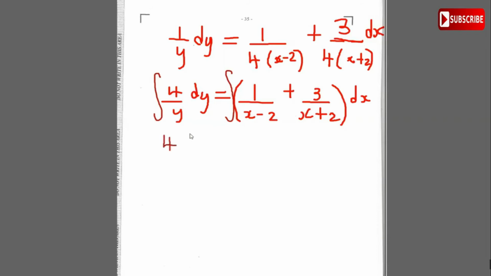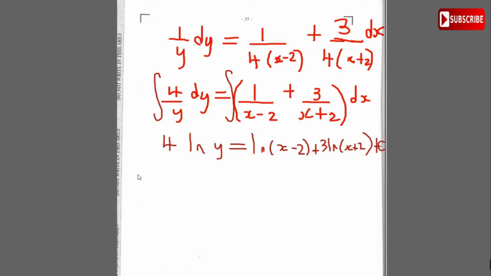You're going to get 4 ln y is equal to the integral of 1 over x minus 2, which is just ln x minus 2, plus, when you integrate 3 over x plus 2, you get 3 ln x plus 2, plus some constant of integration c.